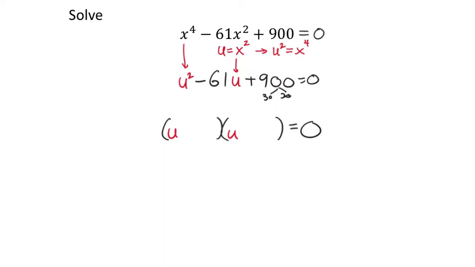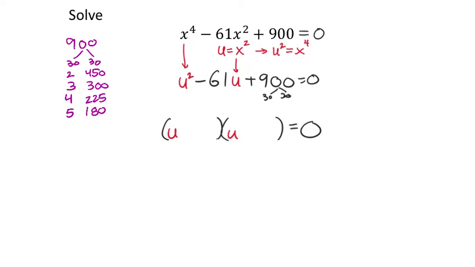Maybe I should do this on the left. Let's look at 900. Again, 30 and 30 works. 2 and 450 works. 3 and 300. 4 will work. 5, 6, so I'm using the calculator for this. If I divide by 5, 180. Of course, none of these work, right?